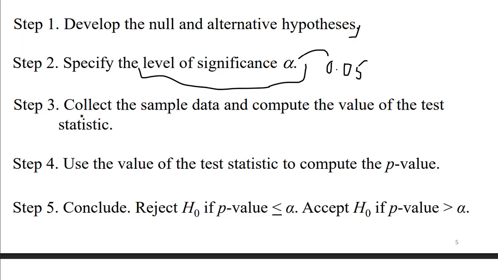Now, once we state the null and alternative hypothesis, and then we create our benchmark at which we decide to either accept or reject the null hypothesis, the next thing we do in real life statistical research is we will go out there and collect sample data to know if our sample data matches the null hypothesis.